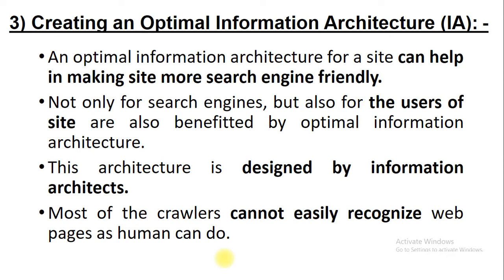It will be beneficial not only for the search engine, but also for the users which belong to the particular site. So with the help of information architecture we can get the benefit of the search engine, as well as it will be beneficial for the users also.